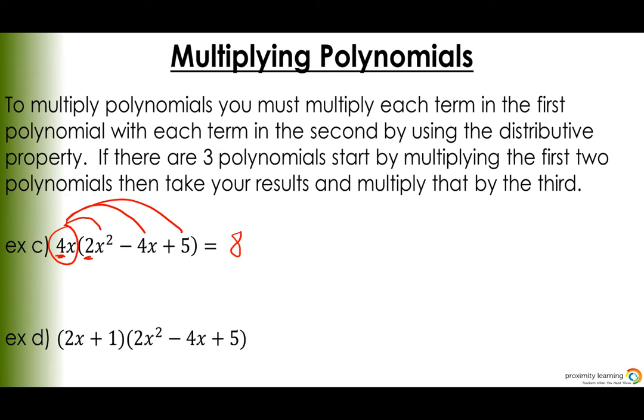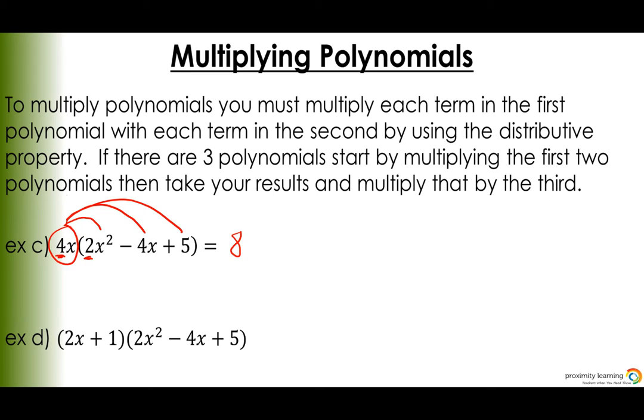And then for the variables, if it's the same variable, you will add the exponents. If it's two different variables, like if we had an x and a y, you would just put them next to each other. All right. But since 4x and 2x squared have a common variable, you're just going to add the exponents together, which is utilizing our knowledge of multiplication of like bases.